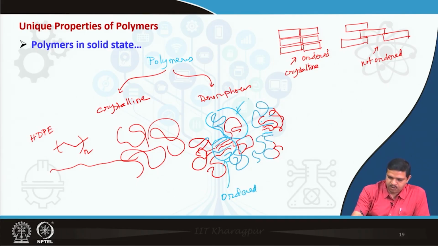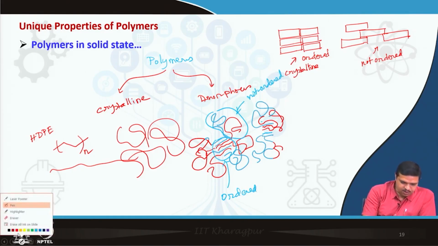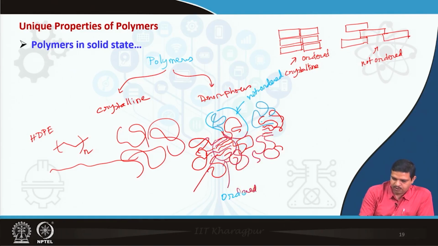So, due to this scenario, some of the polymers may be crystalline in nature, and one example is the HDPE, and later I will give the example of isotactic polypropylene. I am sure you have heard that isotactic polypropylene is a crystalline polymer.